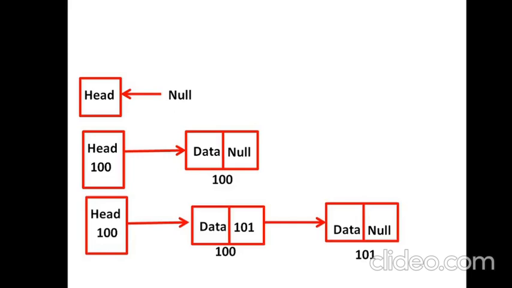So the first node has the link field as 101, which means it's pointing to the second node, and the second node's link field is null because it is the last node. It is with the help of this null value that we can determine whether we have reached the end of the linked list or not.